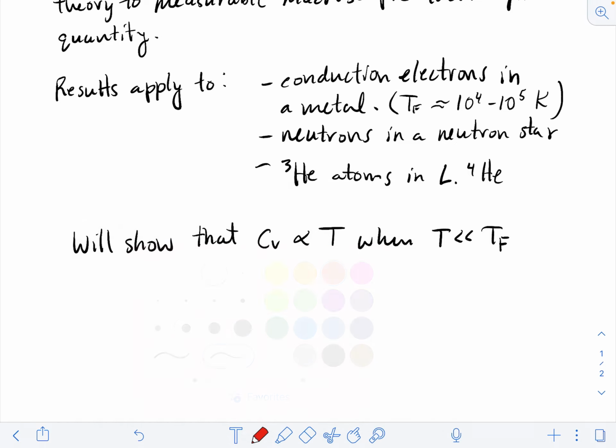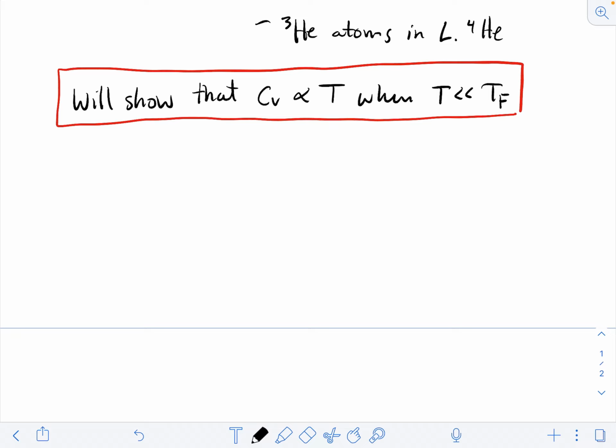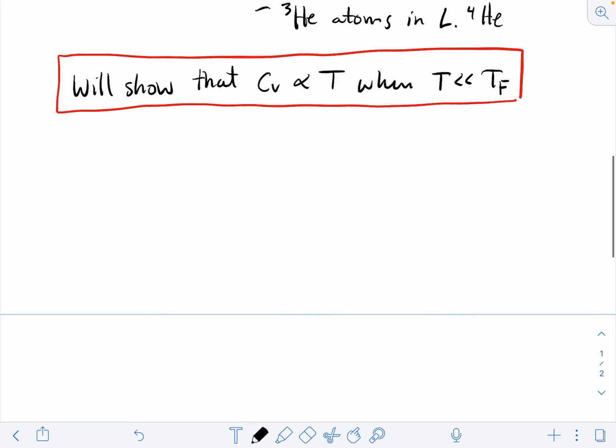So that's what we're trying to show. This is also the first example of us trying to calculate some physical quantity, some material property of a system.